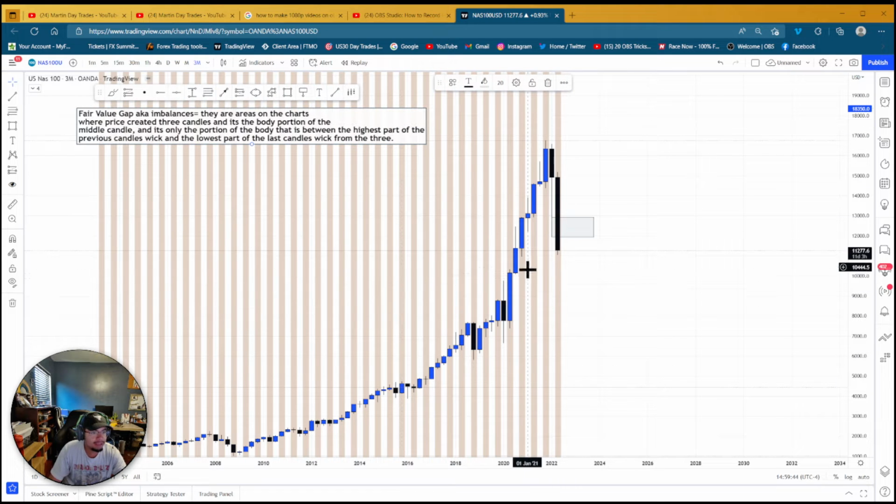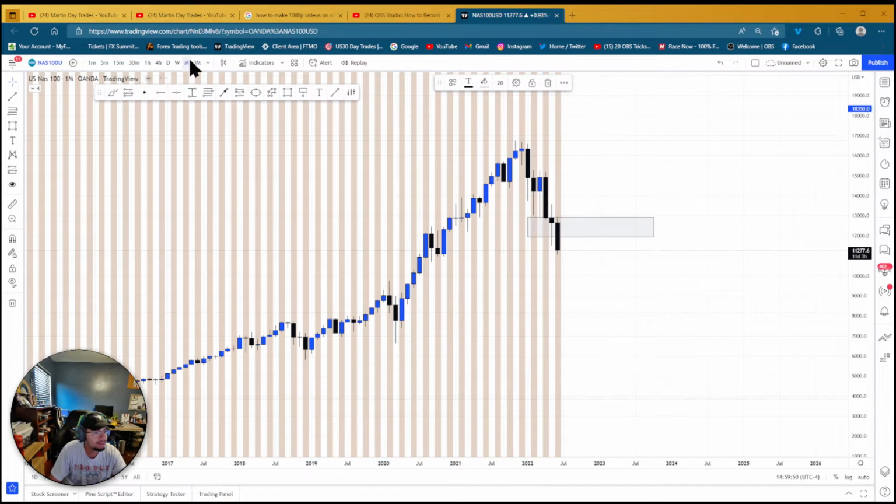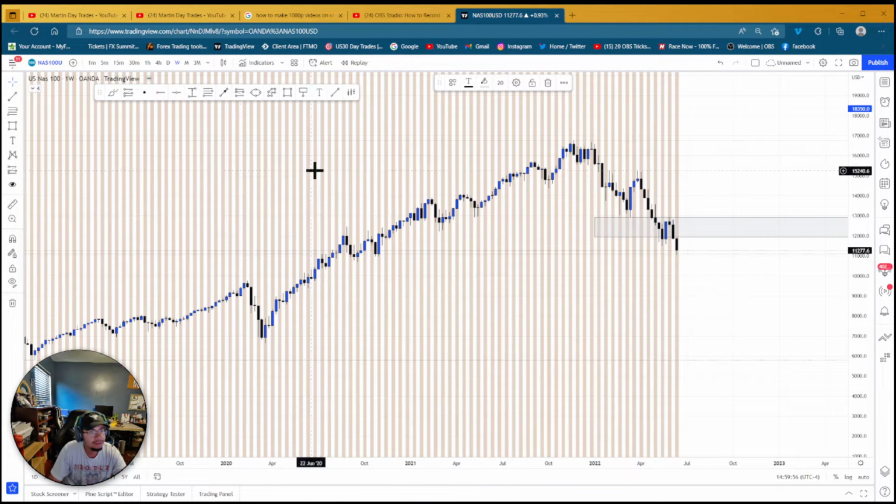Okay, so there's imbalances here. So let's count this candle. One, two. Let's go down to a weekly actually. So if you look here, there was this imbalance, and what it is, it's this move right here where it has the wick.